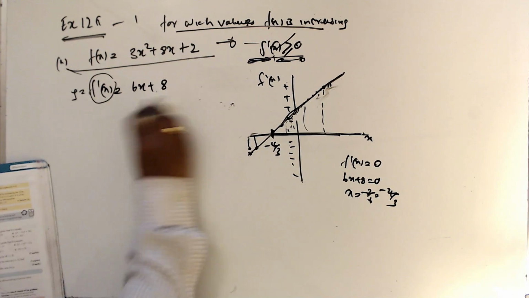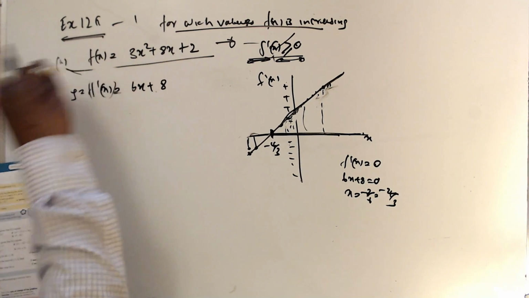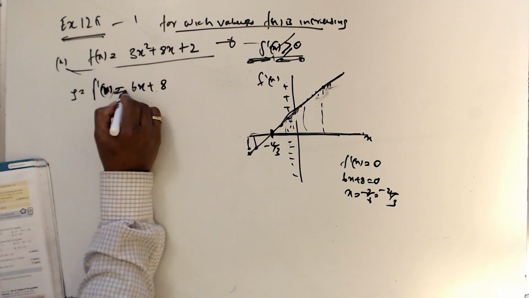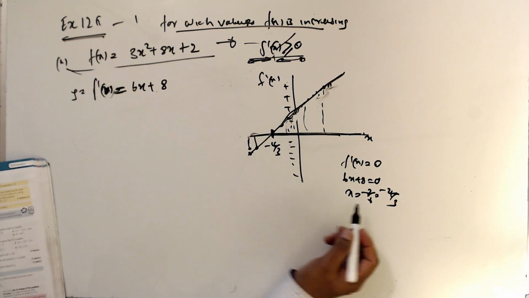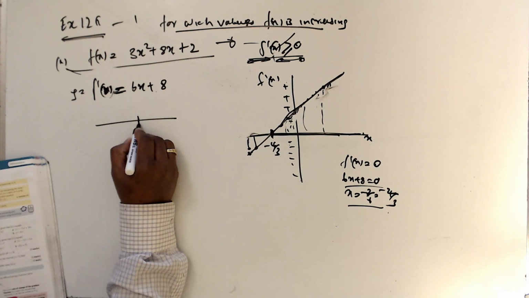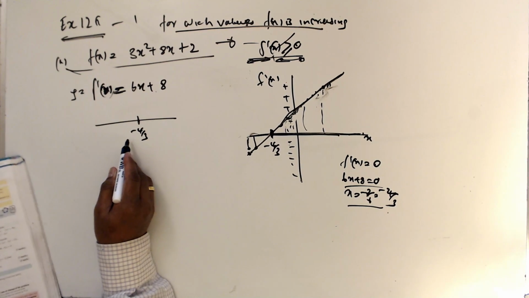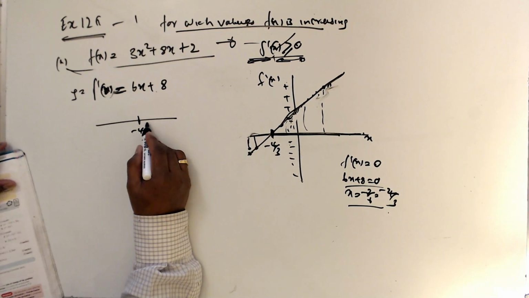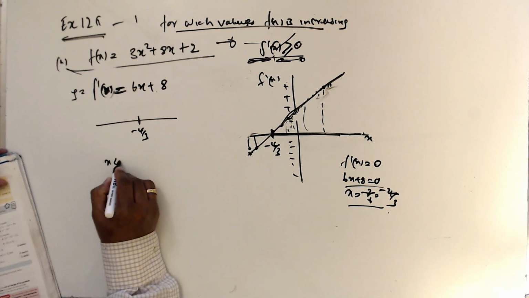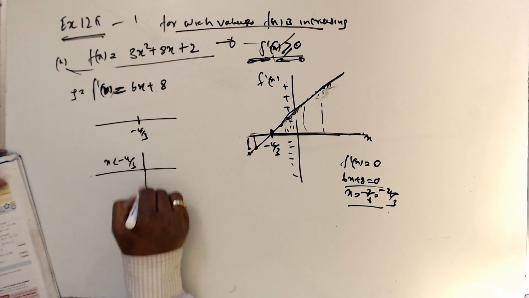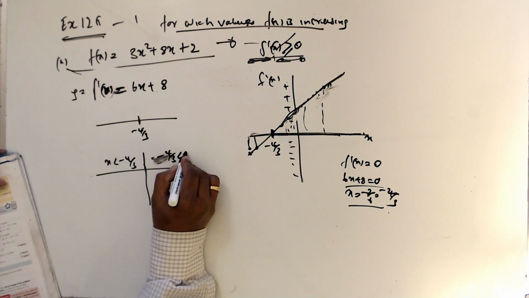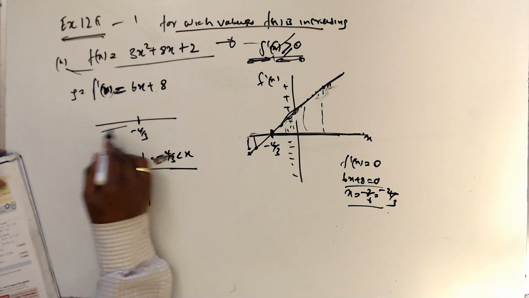Or you can work it out like this. You want to make f'(x) equal to 0, and then there are two areas on the number line, around minus 4 over 3. One is less than minus 4 over 3, the other is greater than minus 4 over 3, left side and right side.